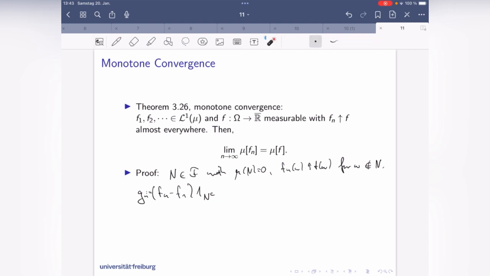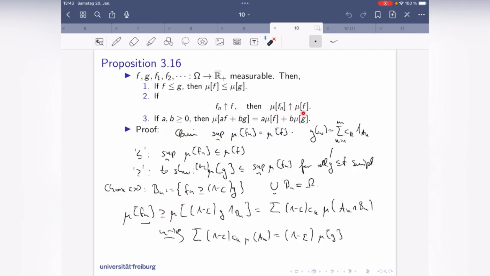So the Fn's are increasing. That means Fn minus F1 must be bigger or equal to 0. And it's also an increasing function. And on these Gn's here, I can now use this bit here. Because I only restrict myself to the complement of n, I have the convergence everywhere.